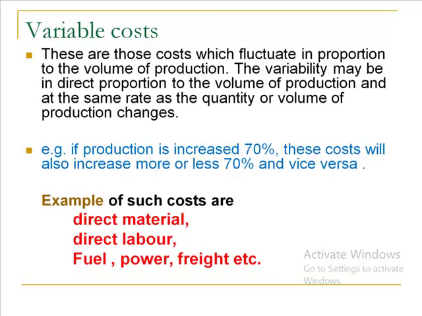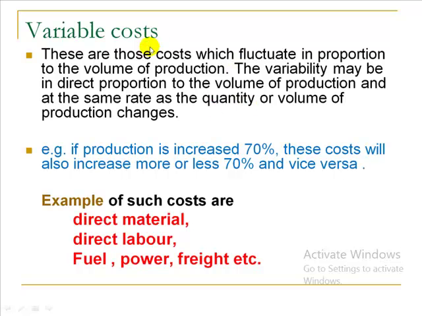These are those costs which fluctuate in proportion to the volume of production. The variability may be in direct proportion to the volume of production and at the same rate as the quantity or volume of production changes.